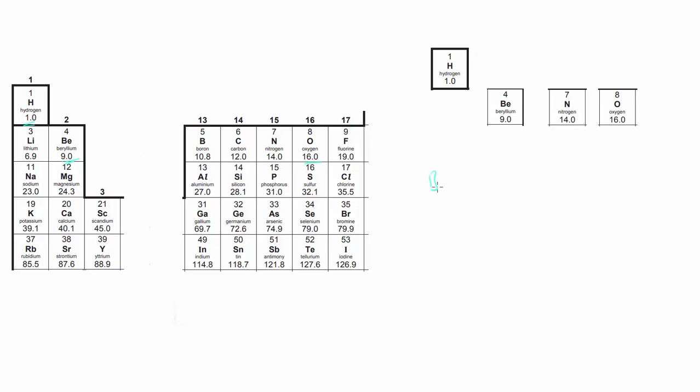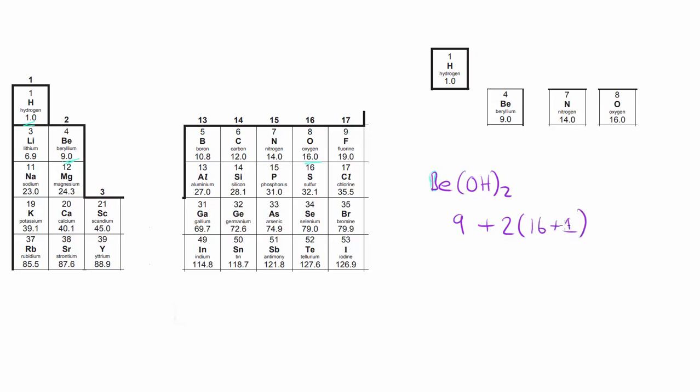So we're looking at Be(OH)2, right? Effectively that's going to be 9 for the beryllium, plus 2 times 16 plus 1.